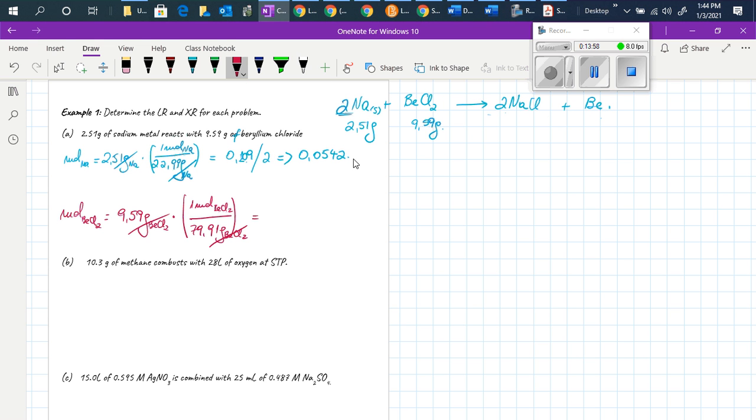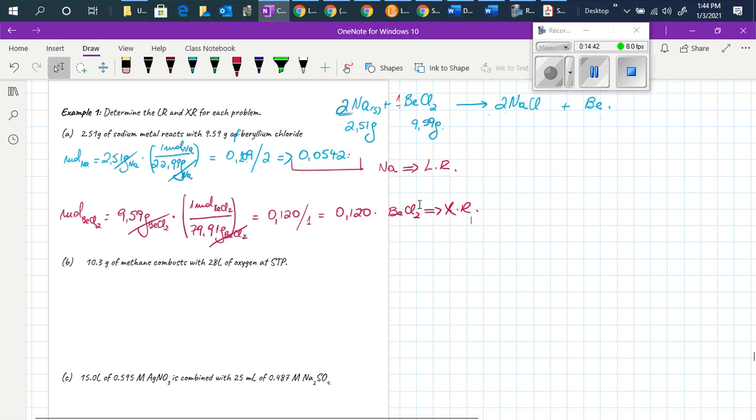So grams of beryllium chloride cancel out, and then what we will have is 0.120, and this is divided by the coefficient, which is 1, and will be 0.120. Since this number, 0.0542, is less than 0.120, then sodium is the limiting reactant and beryllium chloride is the excess reactant.